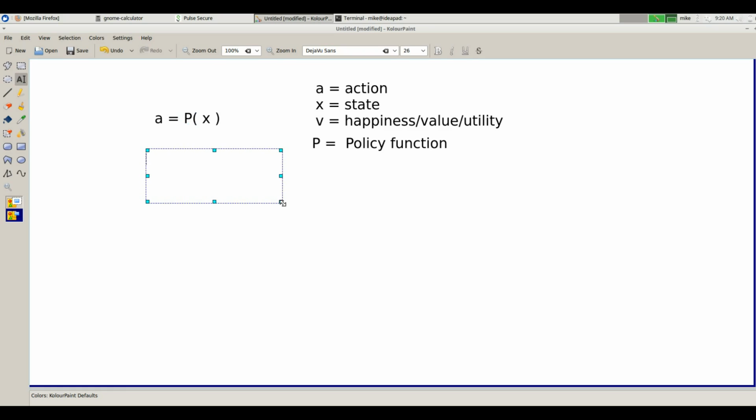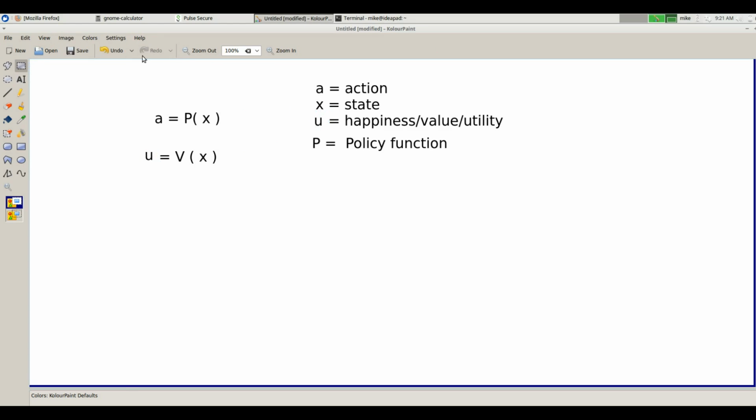If you say your happiness is based on a value function of your state, I'm going to change this to U, and we'll go with utility, just so I can not have so many clashes in my variables. So you're going there, and you're going to go here.